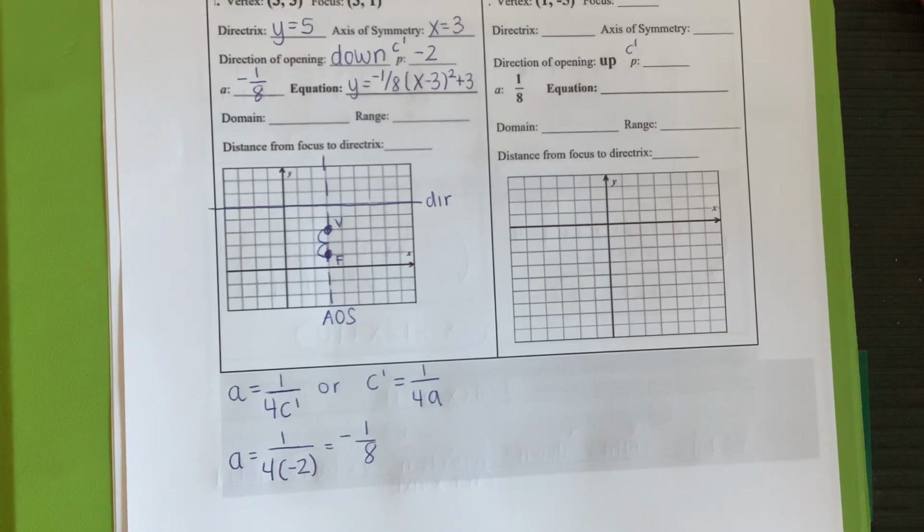Then to do domain and range, the best way to do that is to sketch it. Something we talked about a while ago, and I don't know that it's necessarily going to be tested directly, but it might, is using your focus to find what are called your locus points.